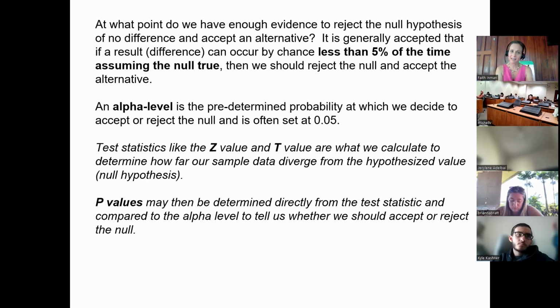Test statistics like the z-value and the t-value, and later when we do an ANOVA, there'll be an f-value. These are what we calculate to determine how far our sample data diverge from the hypothesized value, or null hypothesis. P-values can then be determined from the test statistic to compare with the alpha value to tell us whether we should accept or reject the null.